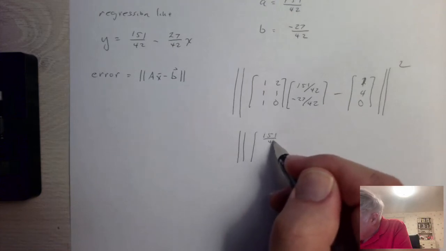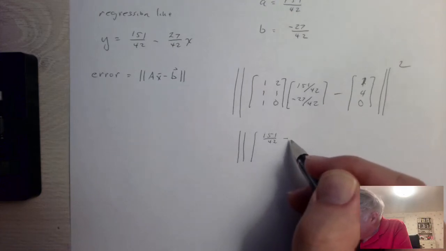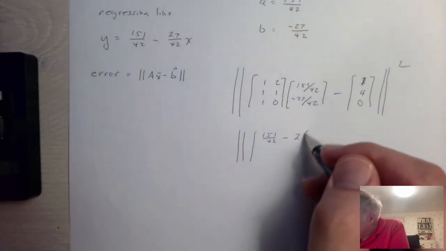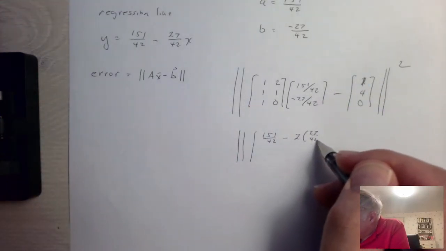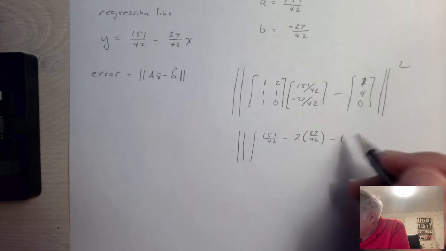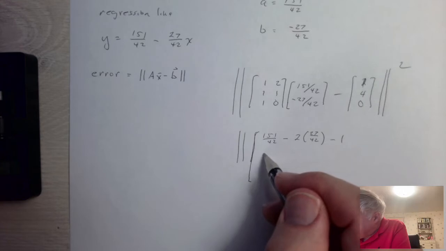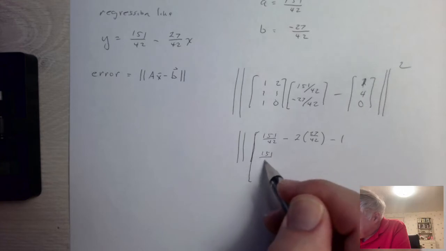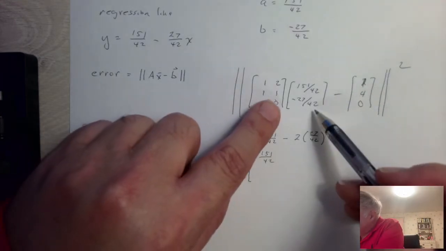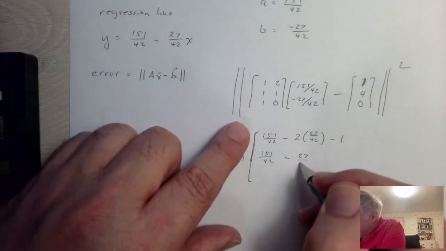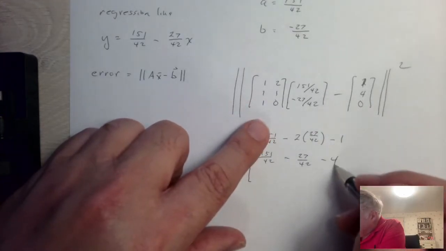151 over 42 minus 2 times 27 over 42 minus 1. Then this is going to be 151 over 42 minus 27 over 42 minus 4.